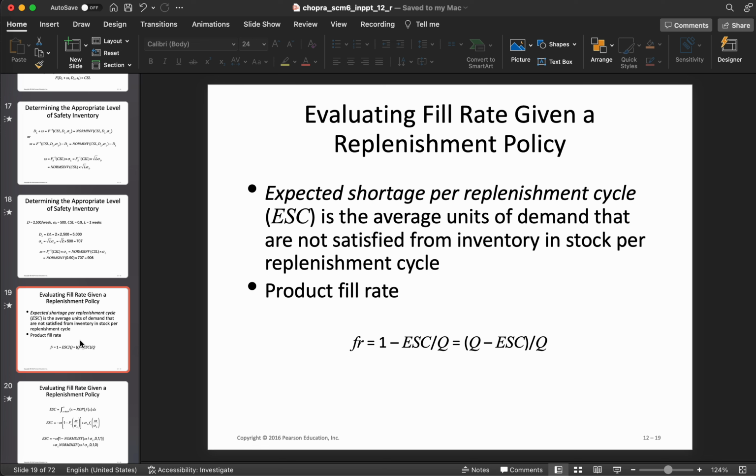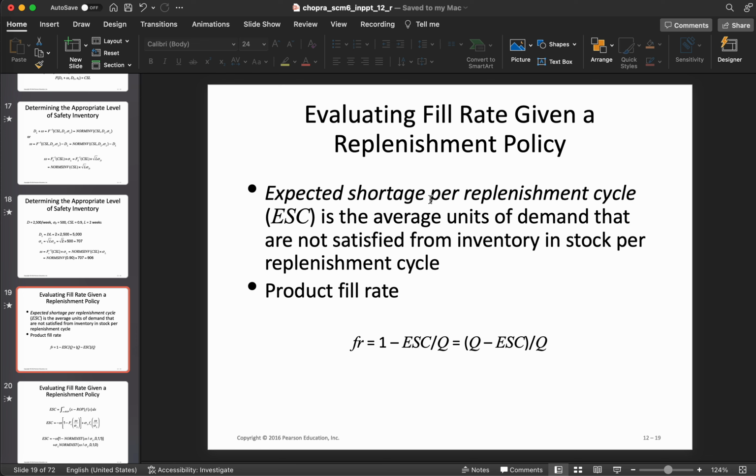So remember, cycle service level is the probability that you'll be able to satisfy all customer demand in this replenishment cycle, as opposed to fill rate, which is just talking about what fraction of customer demand you will be able to satisfy with the product that you have on hand, right? So to calculate fill rate, we also need to calculate the expected shortage per replenishment cycle.